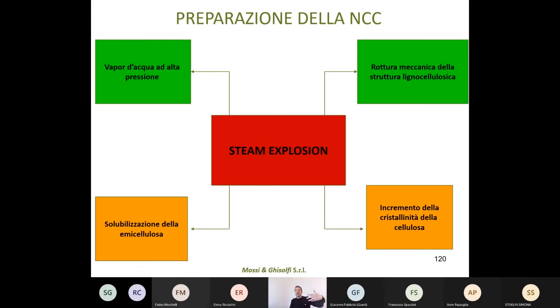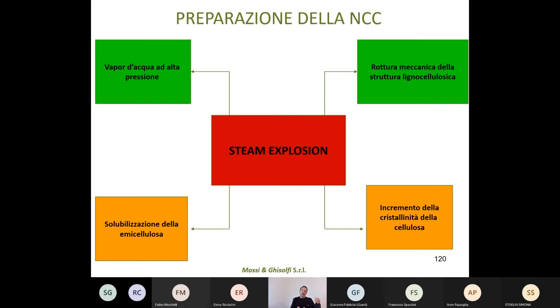Nanocrystalline cellulose is probably not broken down by the steam explosion, so you can also separate amorphous cellulose, which is degraded during steam explosion, from nanocrystalline cellulose, which is not broken down by this process. So there are a lot of potential possibilities.